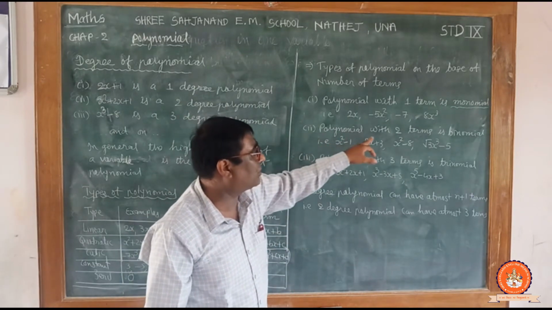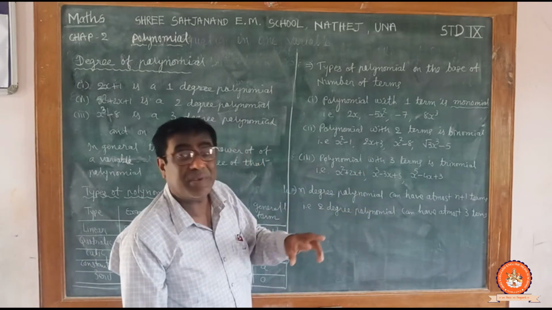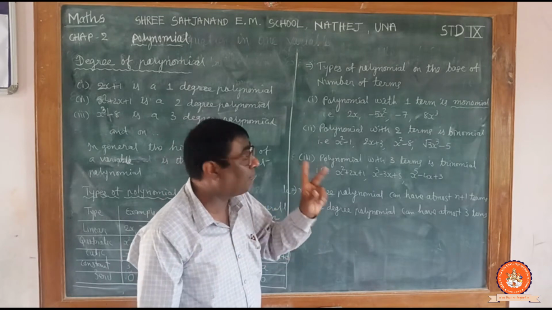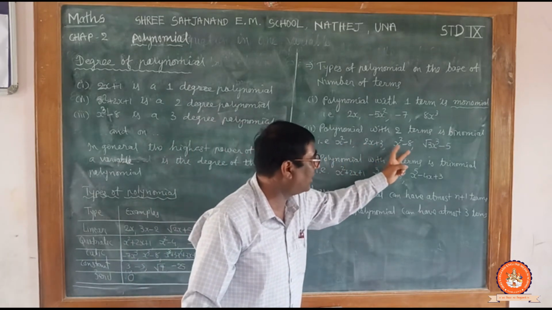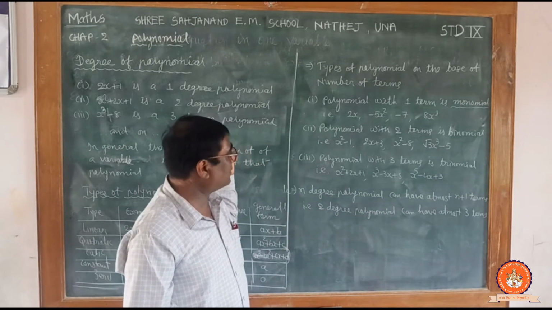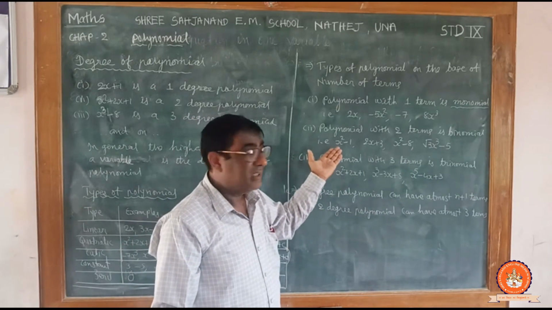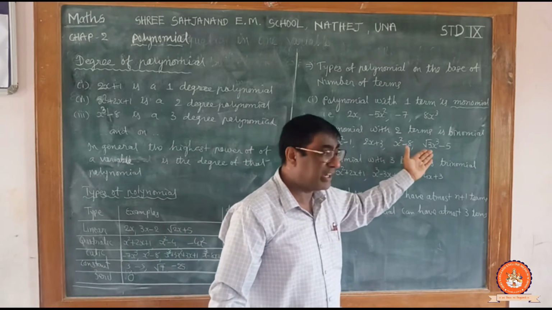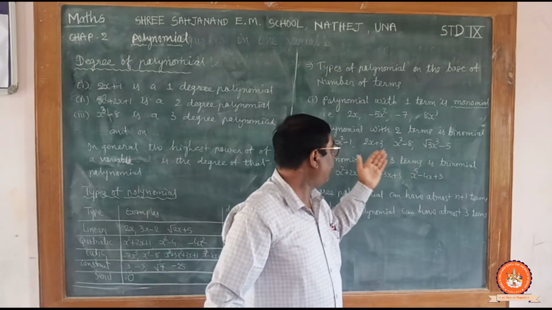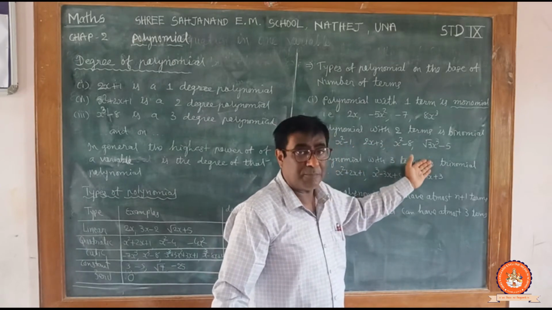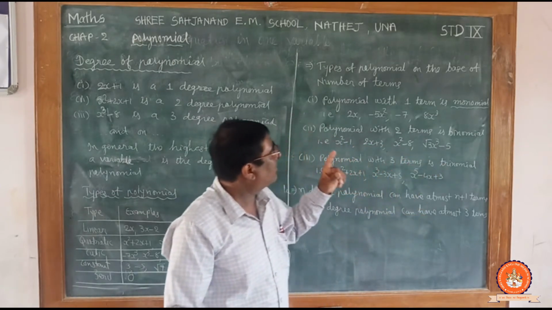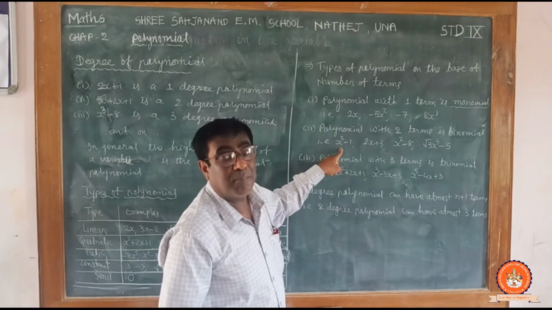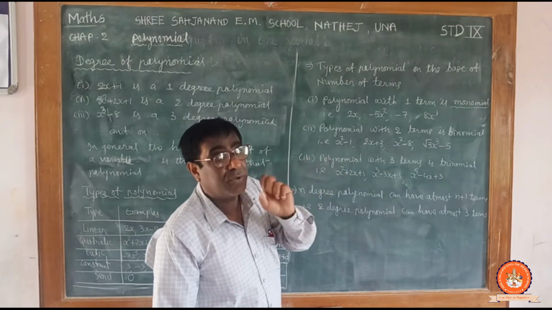Now a polynomial with two terms is a binomial. A polynomial with two terms is called a binomial. The number of terms is what we look at; there should be two terms. As per the degree, it can be a 1 degree polynomial, 2 degree polynomial, or 3 degree polynomial. Okay, it can be linear, quadratic or cubic, it doesn't matter, but on the basis of number of terms, this one is a binomial, meaning only two terms are there.